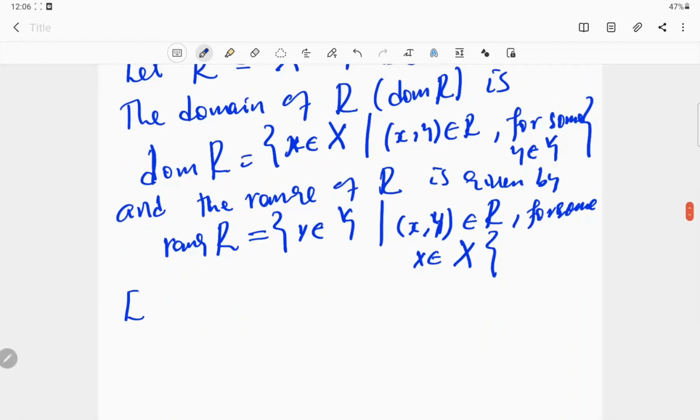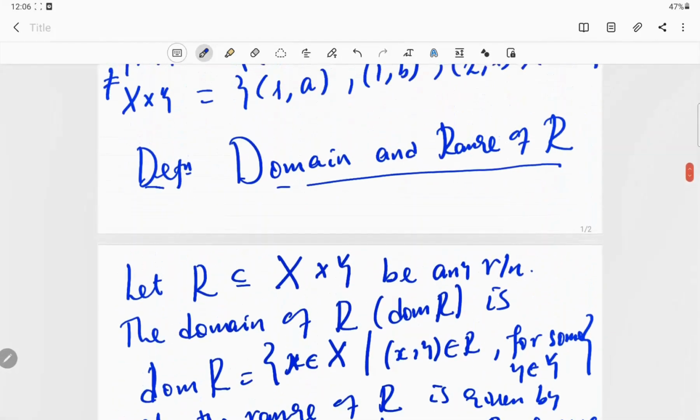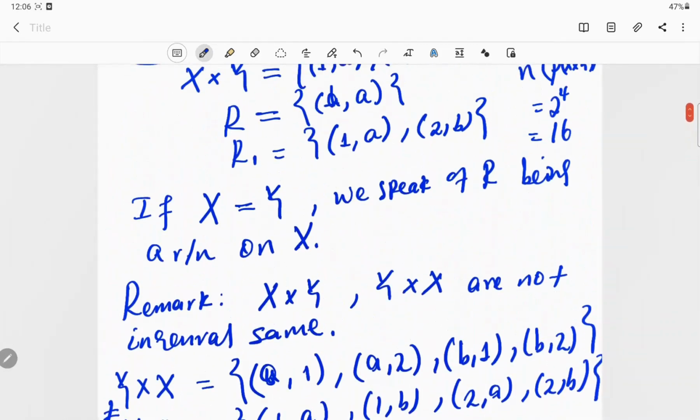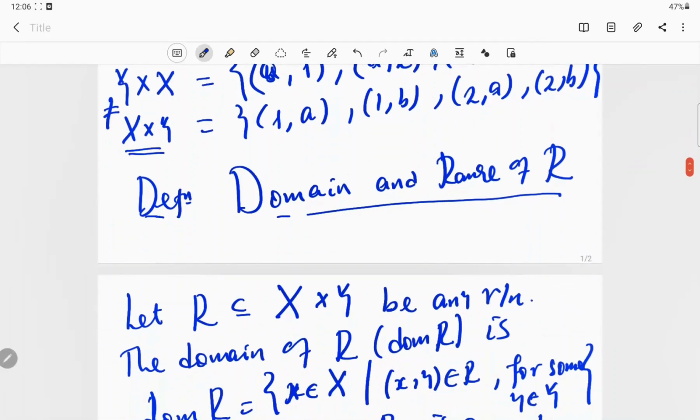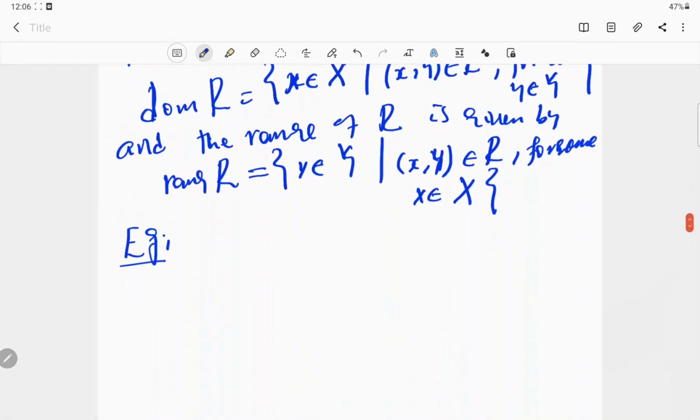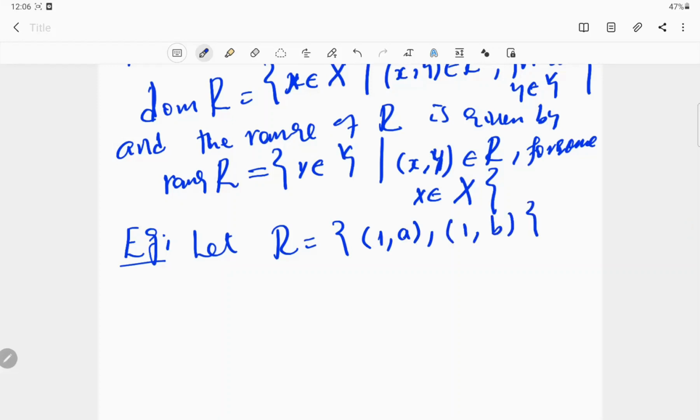So let's see an example. Recall the example here, and we have this Cartesian product, and let R be given by the set containing 1a and 1b, which is a subset of x cross y. So what's the domain of R?